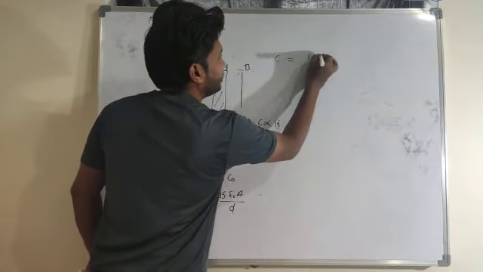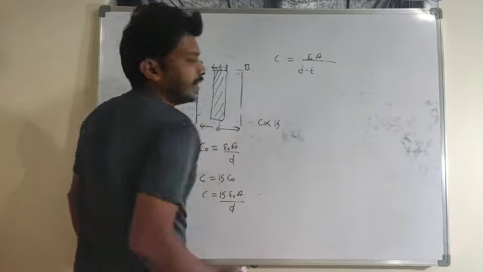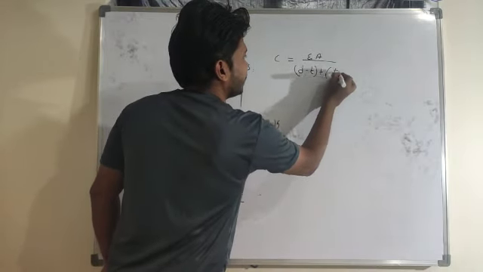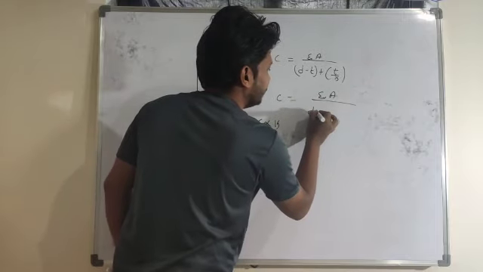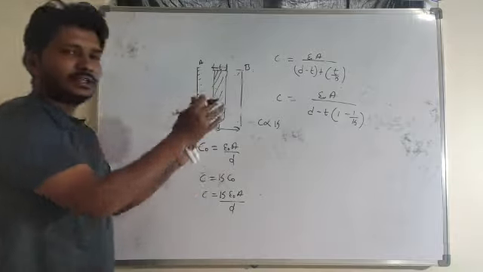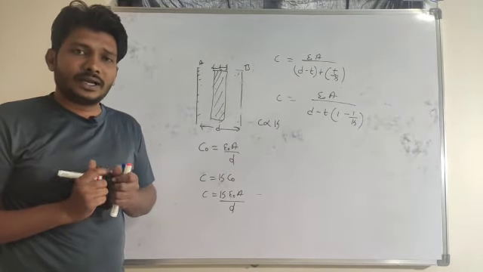C is equal to epsilon naught into A divided by D minus T plus T by K, or in another form, D minus T into 1 minus 1 by K. So these are all the equations related to the capacitance of a parallel plate capacitor.